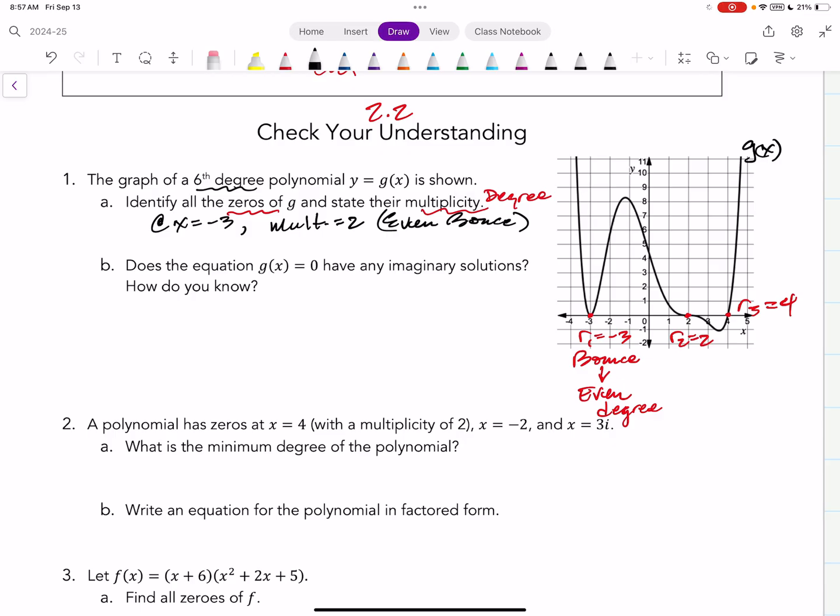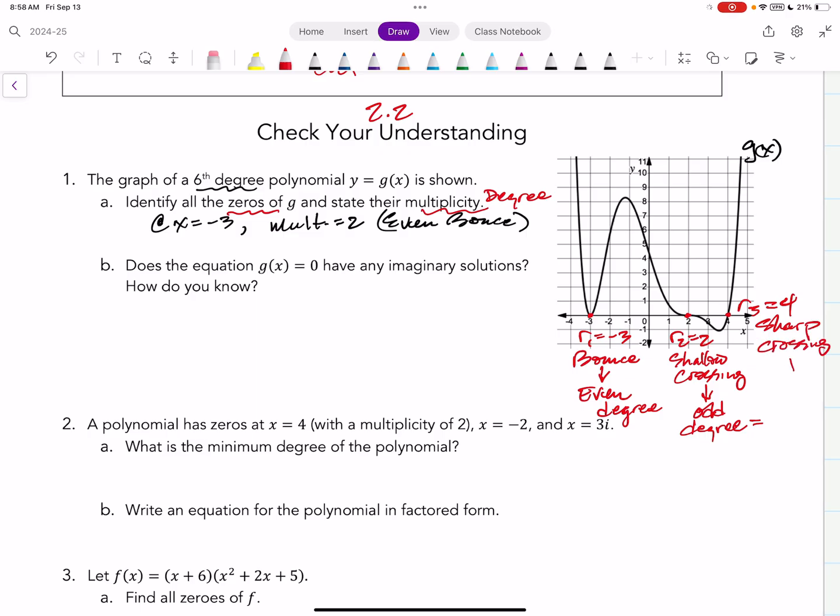So which one's degree 1 and which one's degree 3? So here we have a shallow crossing. So this is a shallow, or what's called a gradual crossing at 2. So that means we have an odd degree. But it's not going to be degree 1. It has to be greater than 1 because we have a sharp crossing here at 4.